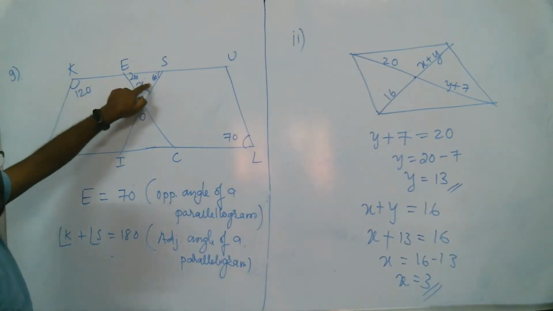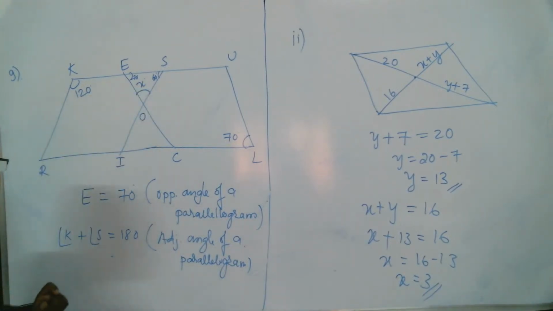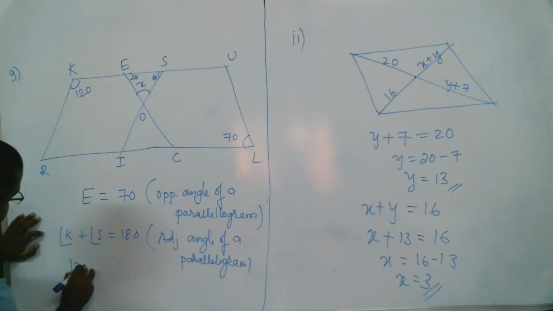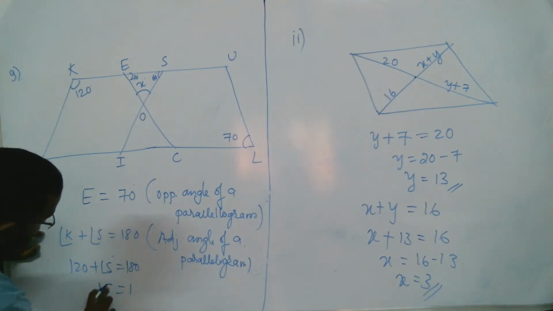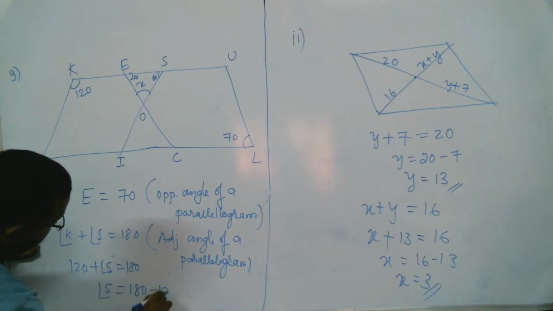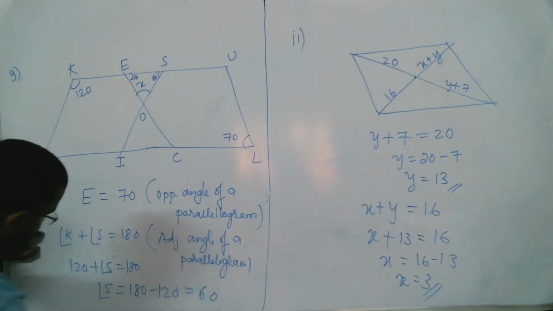Angle K and angle S, when you add them, their sum should be 180 degrees. Then 120 plus angle S is equal to 180. Angle S is equal to 180 minus 120. You will get 60 degrees.